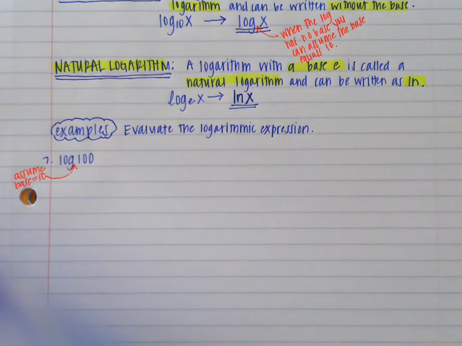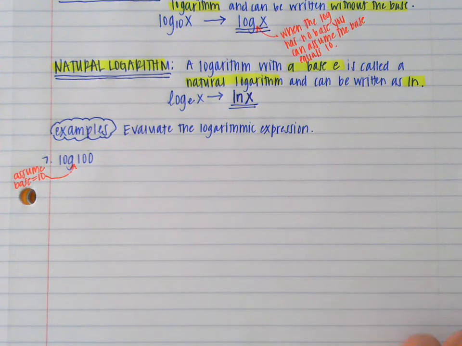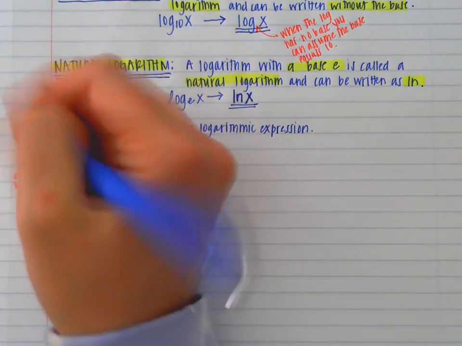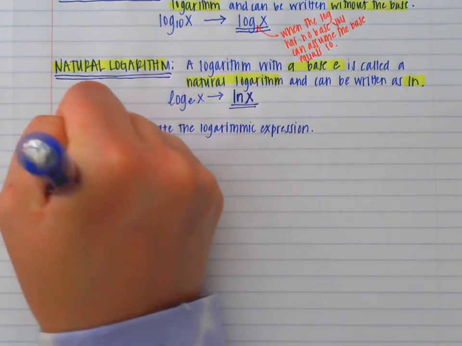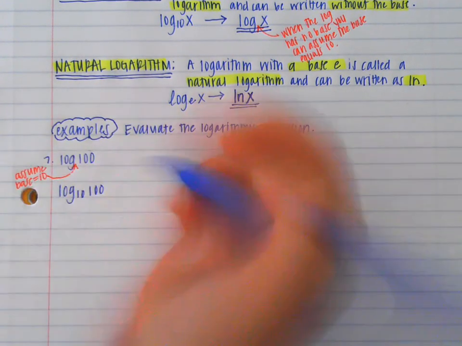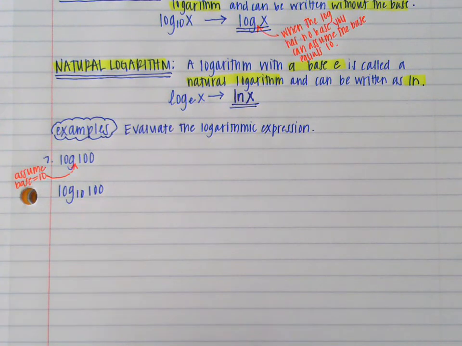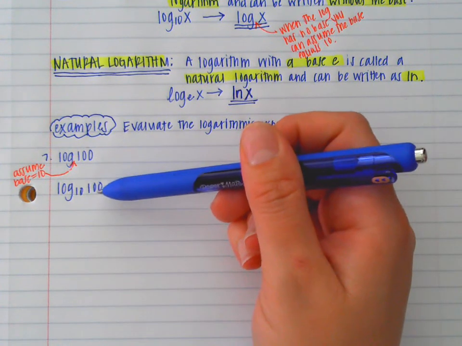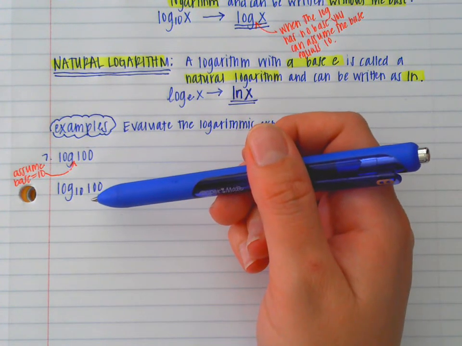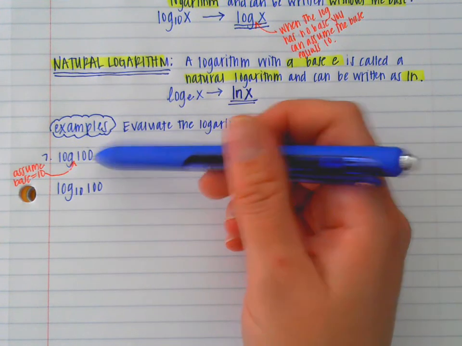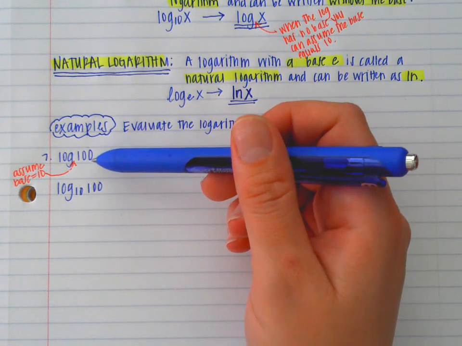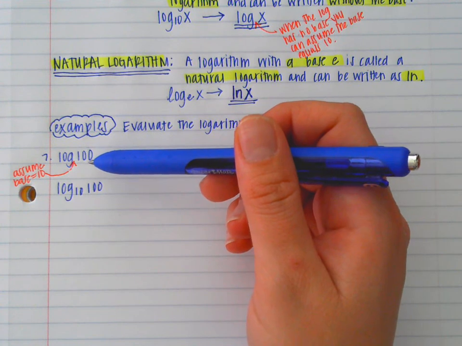So if you need to, when we're evaluating these, rewrite this as log base 10 of 100, then rewrite it. But your answer shouldn't be written like this. I would mark you down if your answer was written like this. I would want your answer, whenever it's a base of 10, to be written without the base.